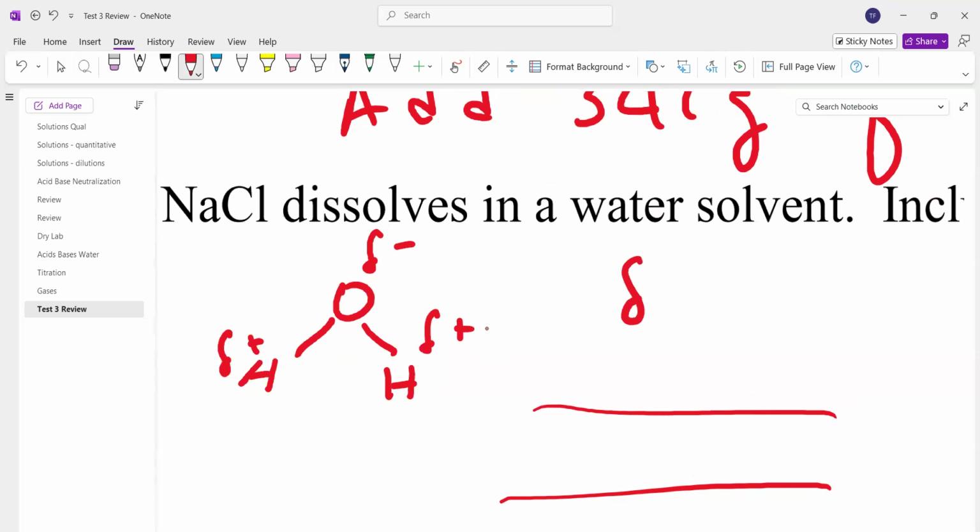And that means partial. In other words, it's not fully negative or fully positive. It's partial negative, partial positive. Water is not an ion, but it's very polar, so it acts like an ion. It's the next step from being an ion.